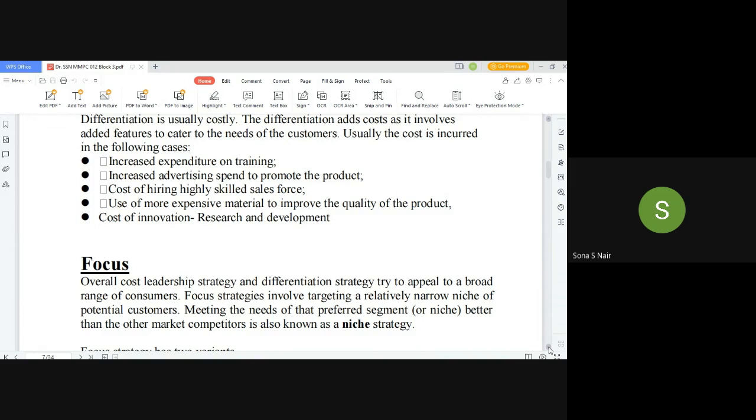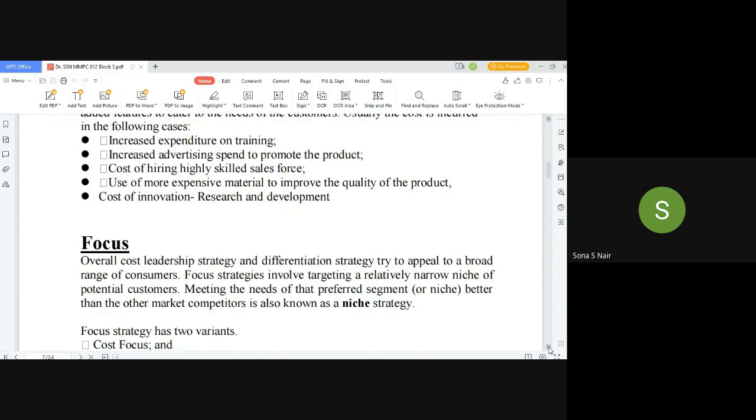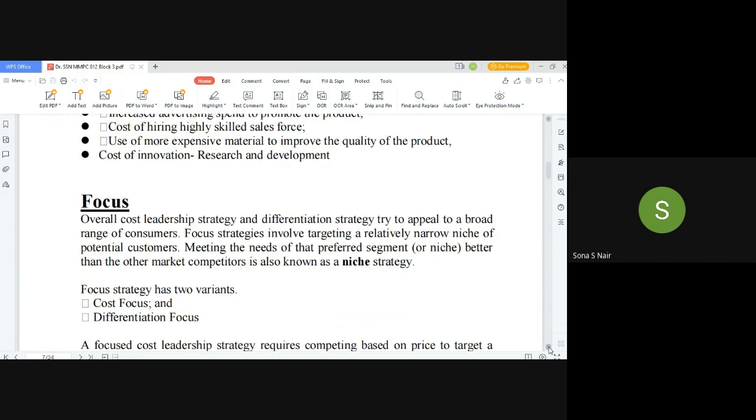But they are showcasing it as a differentiated product, and the expensive material is there, so the pricing is also higher, and they're charging a price premium on that. Okay, focus.